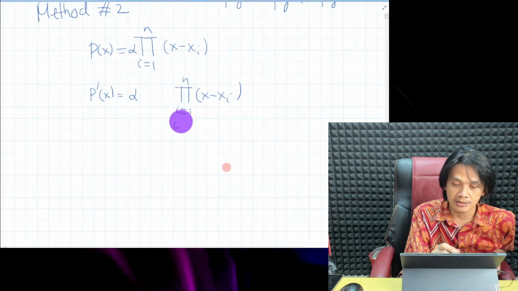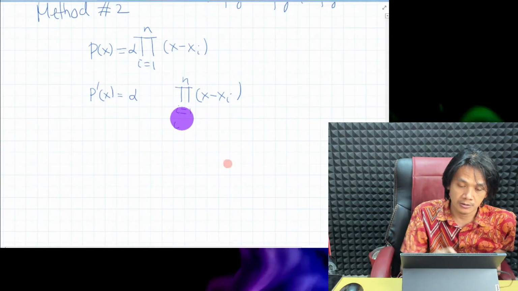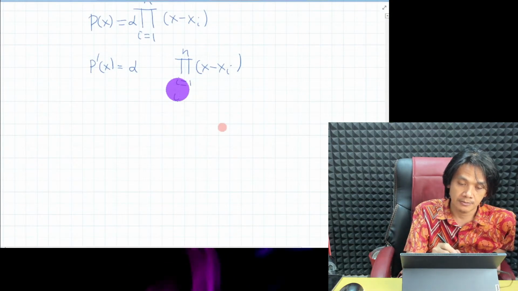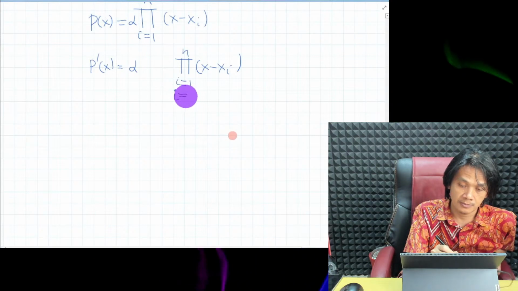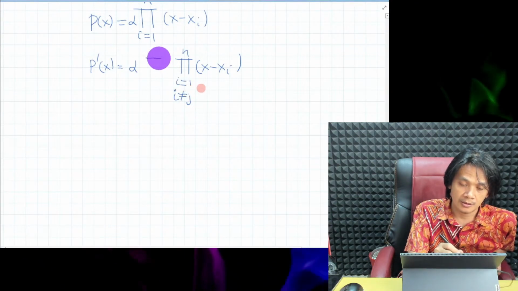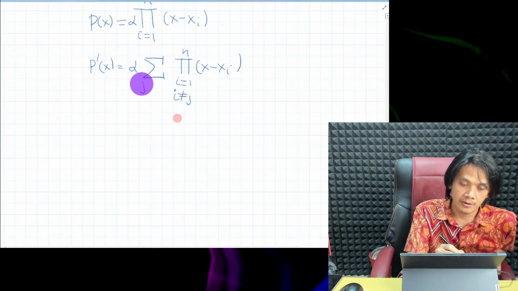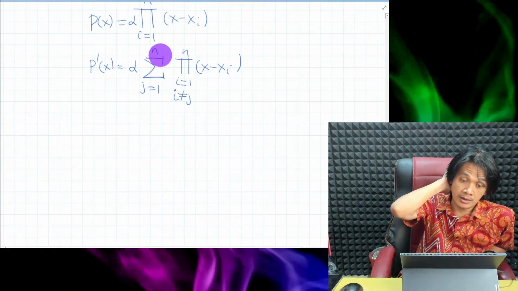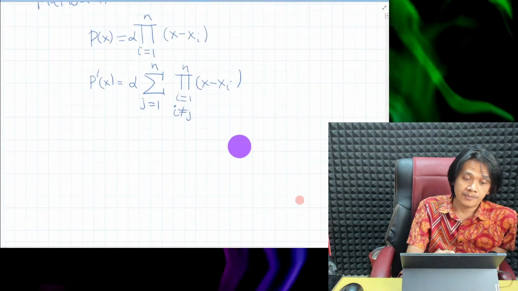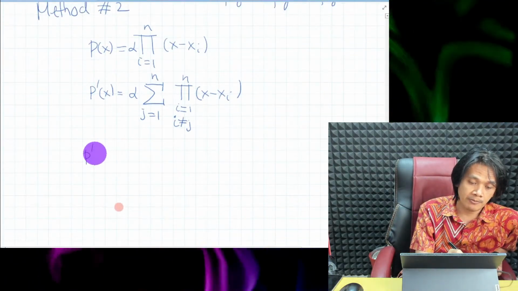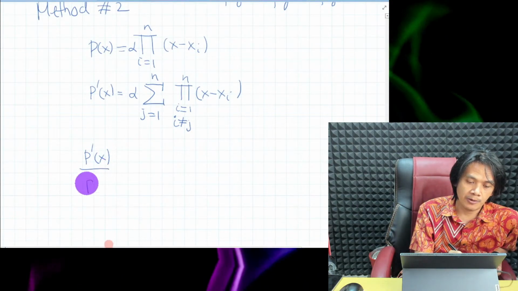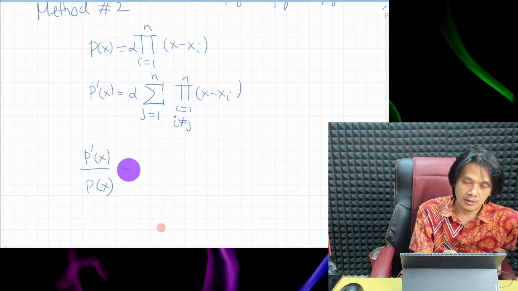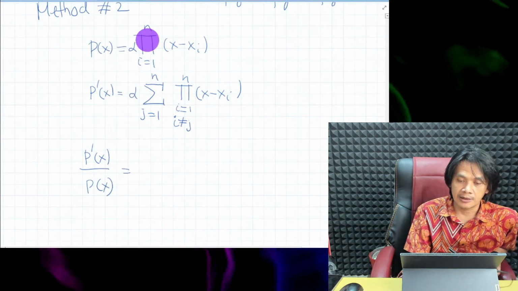So what we actually do is a product of this kind of expression but missing one of them, let's say i is not equal to j, and we sum it, j from 1 to n. That's the derivative, p prime of x. Okay, now if we do p prime of x divided by p of x, then this alpha cancels.